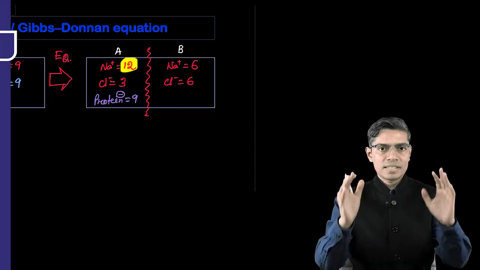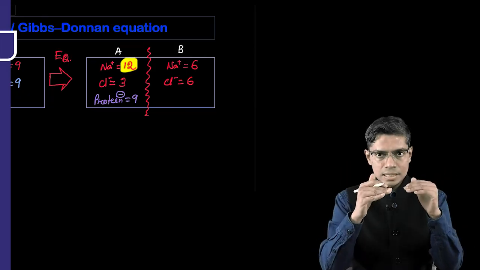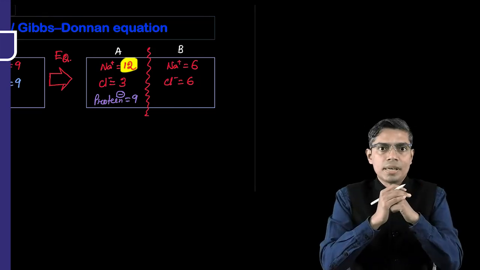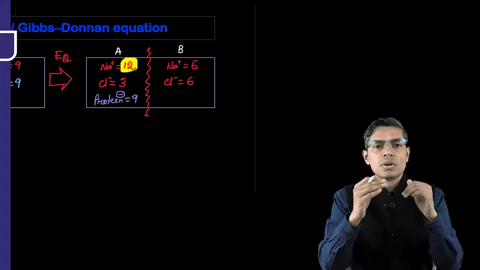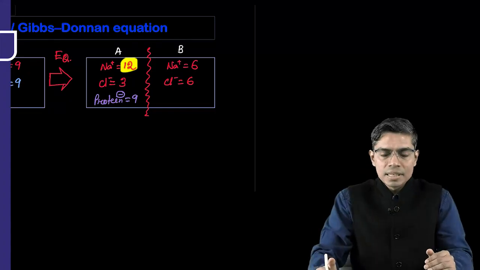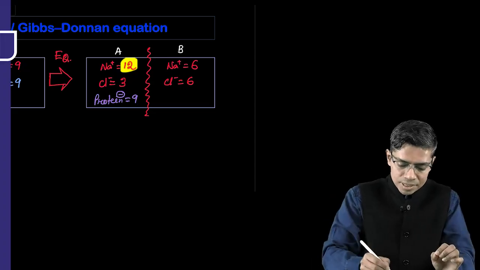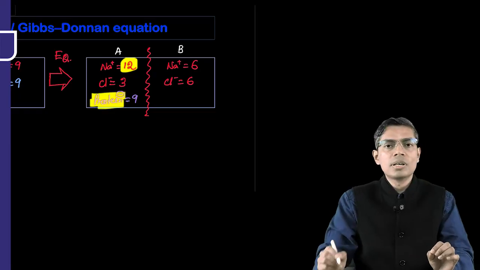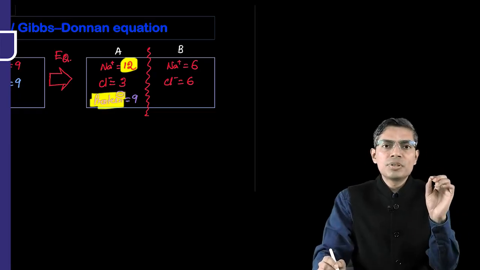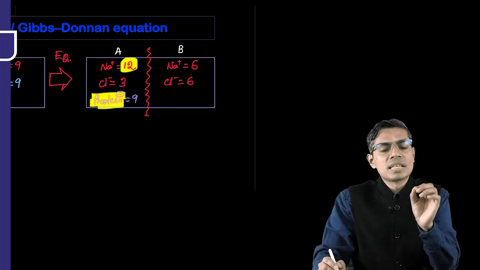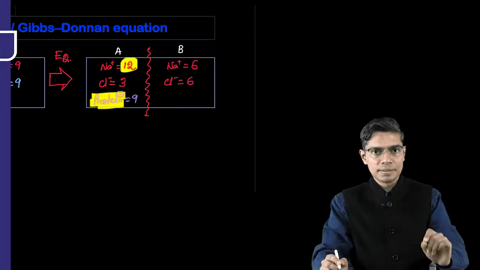Now, this condition was first described by Donnan, and that's why this is known as the Donnan effect. What did Donnan describe? He described that due to the presence of a large impermeable molecule, the distribution of permeable molecules changes through a semi-permeable membrane. Again I am repeating.